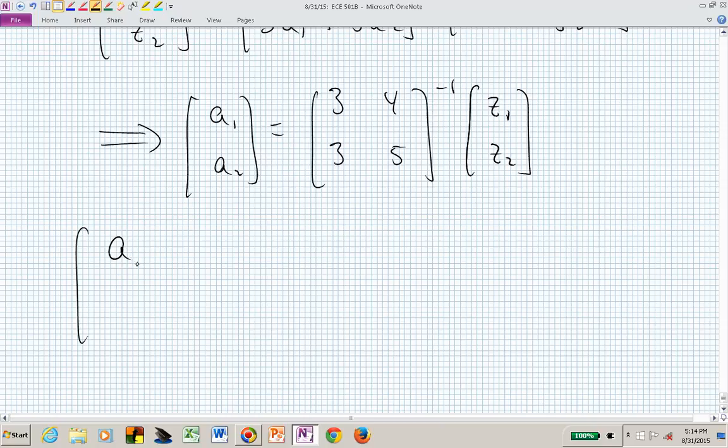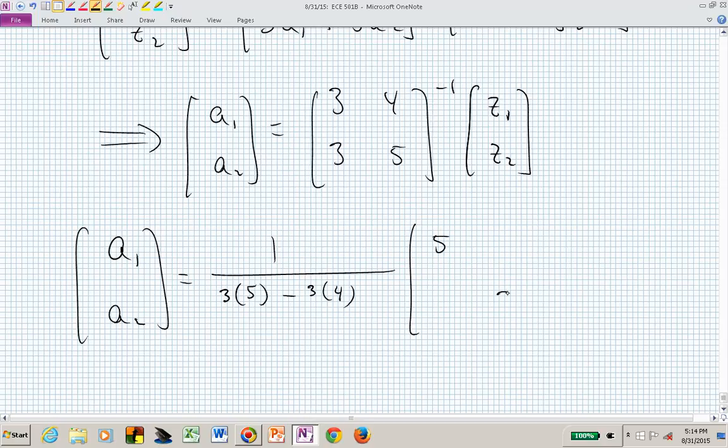Or a1 and a2 are 1 over the determinant of that matrix, which is 3 times 5 minus 3 times 4, or 15 minus 12, or 3 in the denominator.